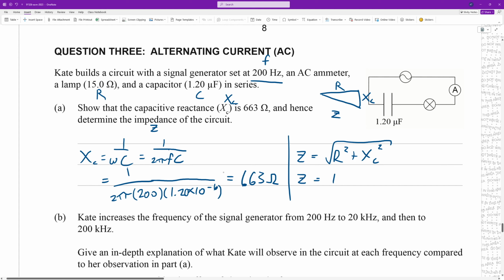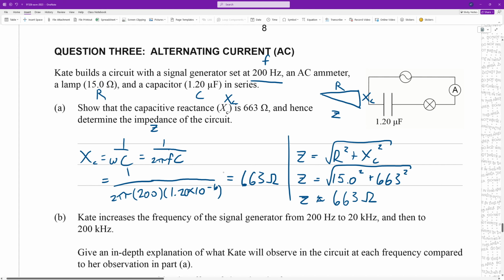So Z is equal to the resistance squared plus the capacitive reactance squared, all square root, which is 15 squared plus 663 squared, square root, giving us an impedance of, that's pretty much still 663, right? Because 663 is so much larger than 15, the hypotenuse is pretty close to 663 when it's rounded.